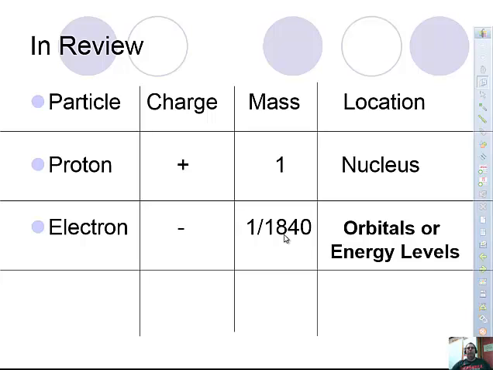In reality, it's 1 divided by 1,840, and they're going to be found in those orbitals or energy levels. And the last one, neutrons. Neutrons have no charge, but they're equal in size to the proton, so essentially we say they're 1, and they're also going to be found in the nucleus.